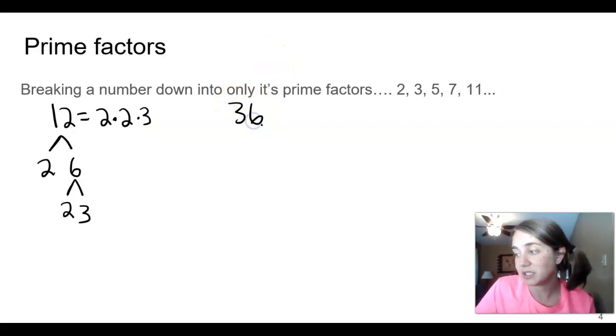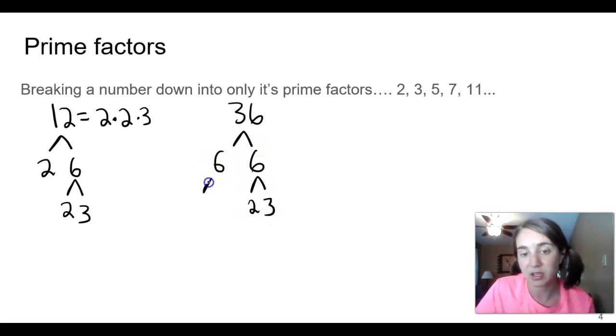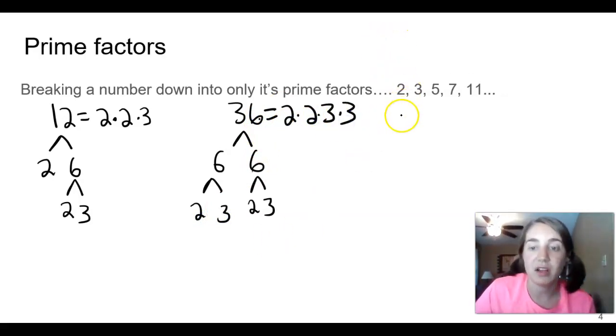If I gave you 36's prime factors, I could do 6 and 6. That's 2 times 3, 2 times 3. So 36's prime factors are 2 times 2 times 3 times 3. And a lot of us know that the square root of 36 equals 6.